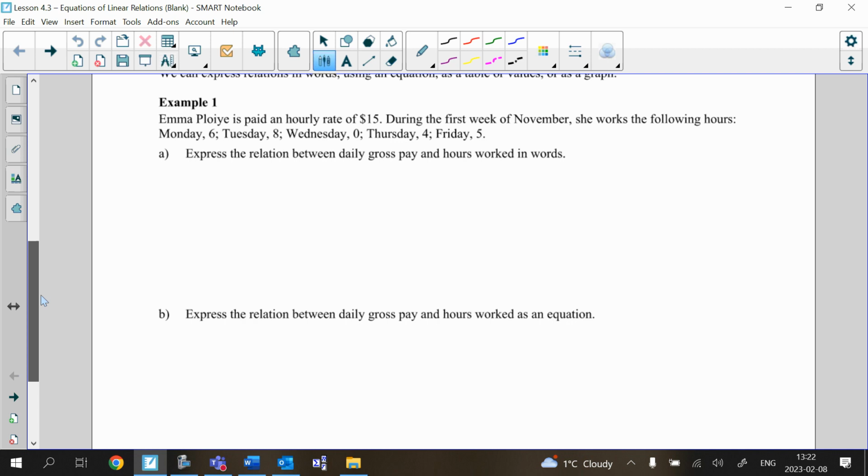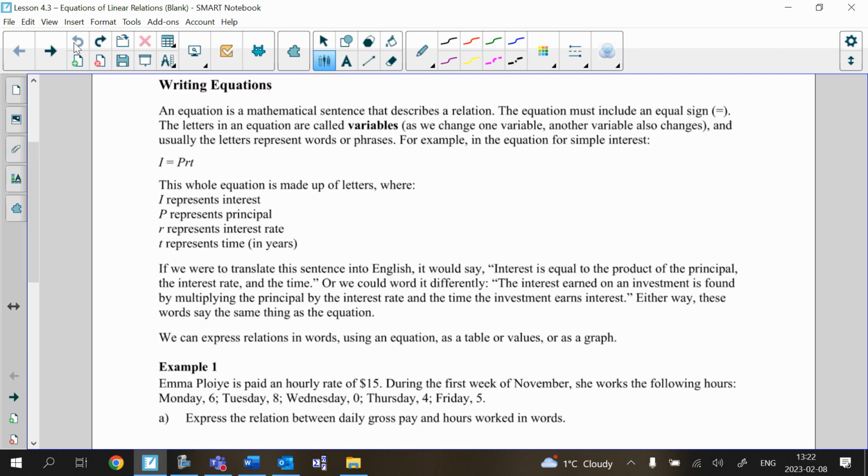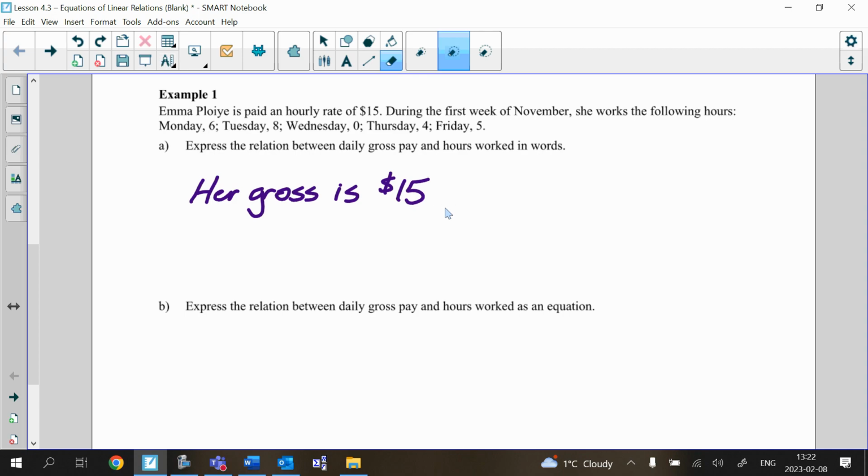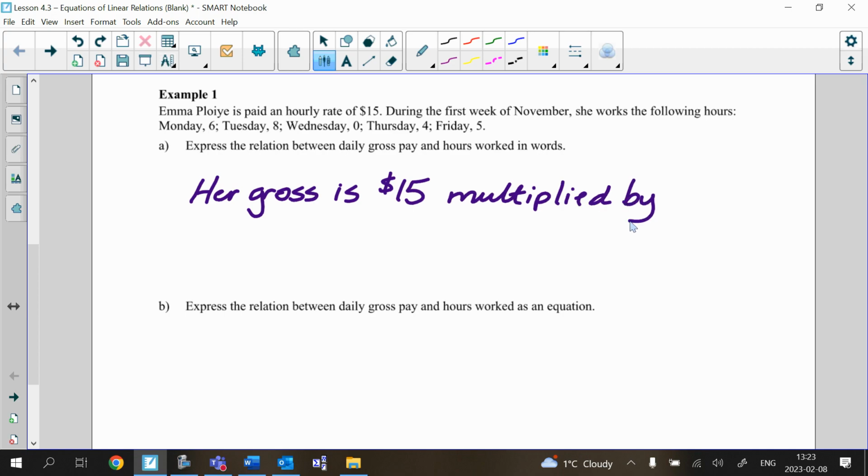So her gross pay is $15 multiplied by the hours she works.